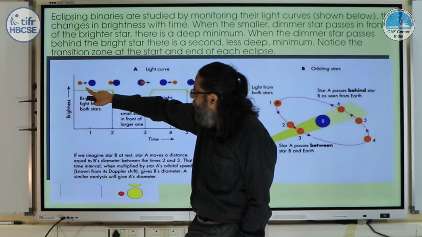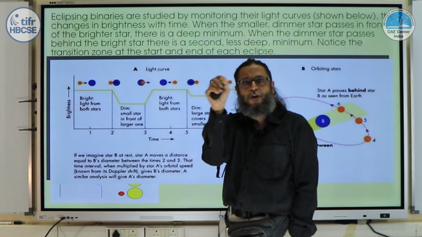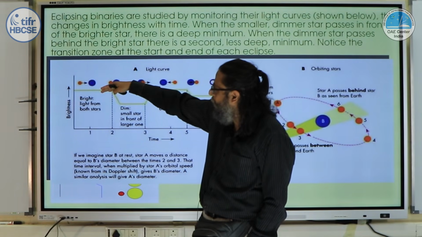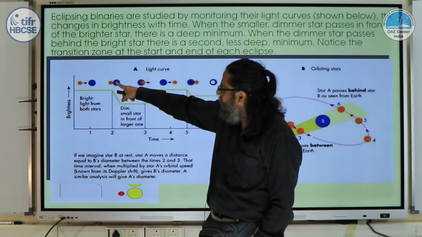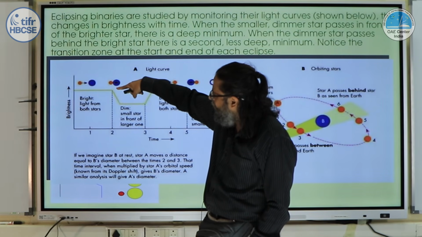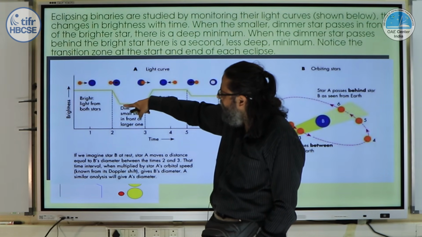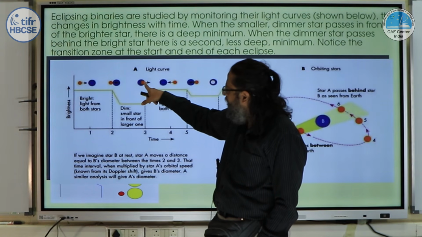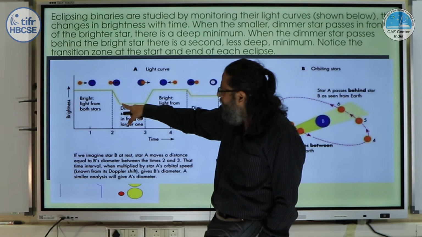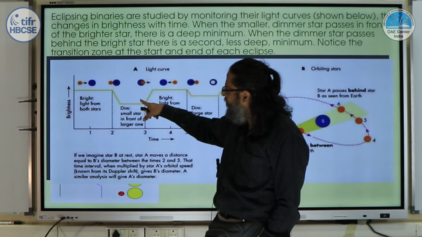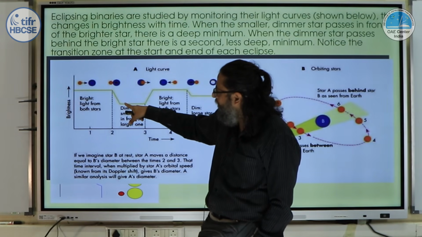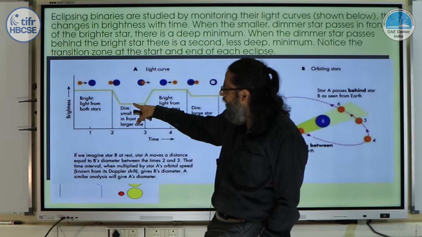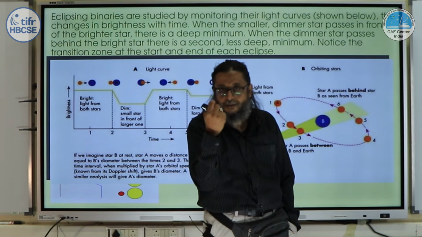So, when the two stars are not eclipsing each other, you see the bright light from both stars, then this is the first contact. This is where your light starts diminishing. And up till the third contact, this is the point of second contact, this is the point of third contact, okay? So this is where the light again remains constant, the flux remains constant.